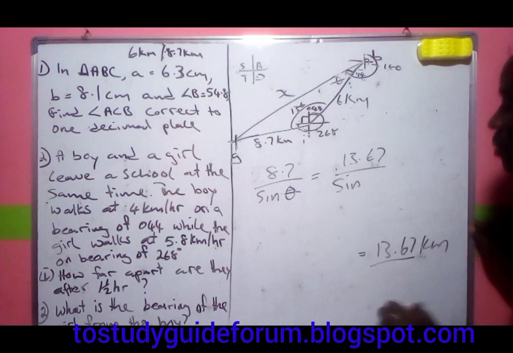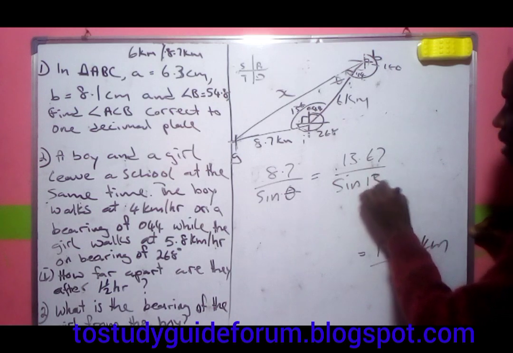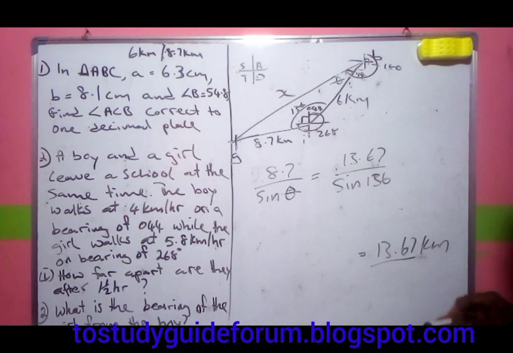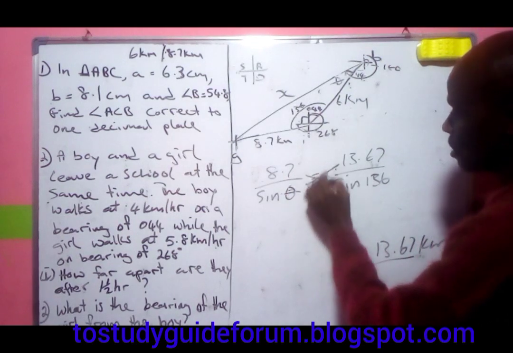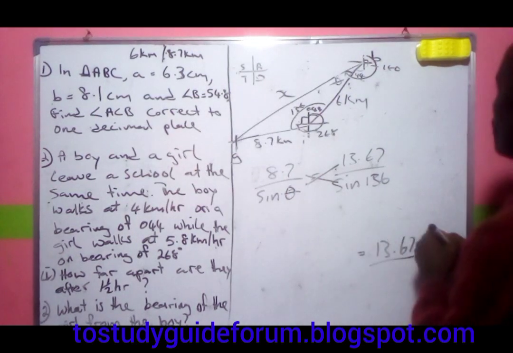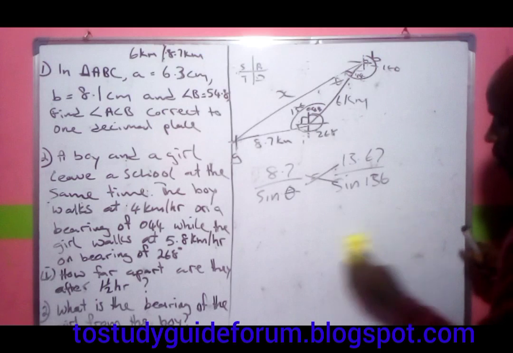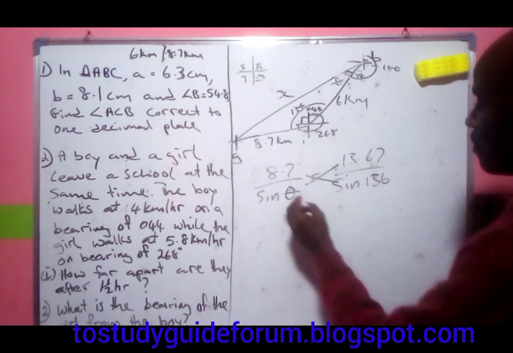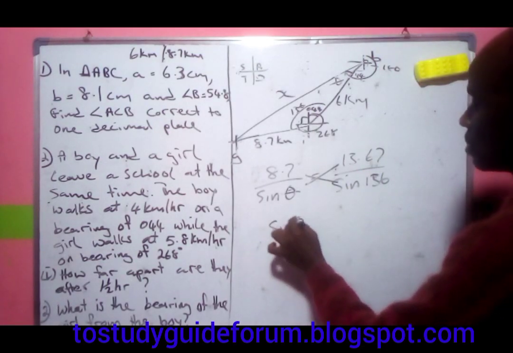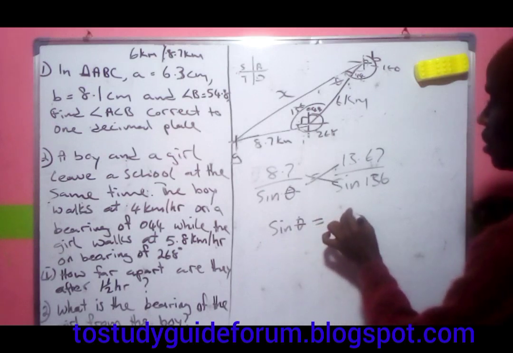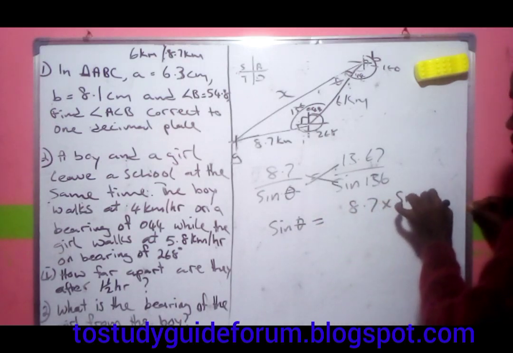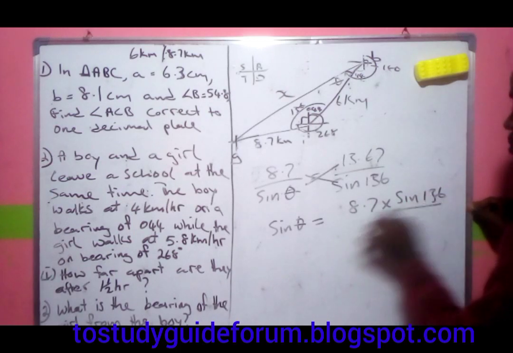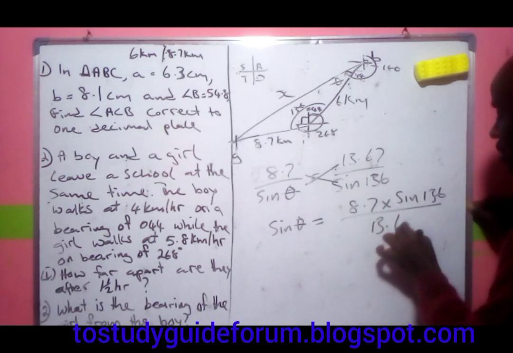If there's any question, please don't hesitate to leave it as a comment so that we can attend to you. When we cross multiply, we have sine theta equal to sine 136 all over 13.67.